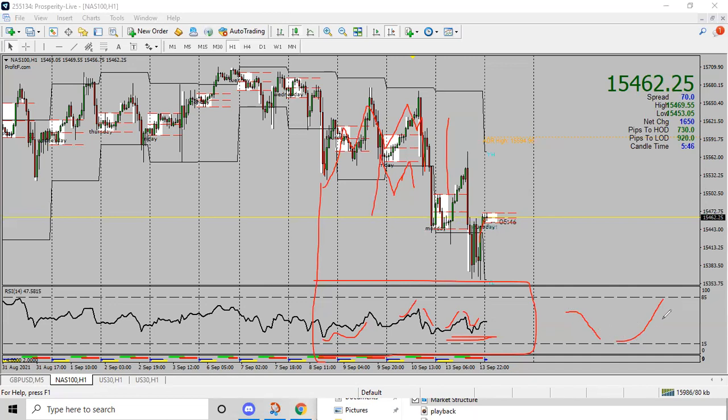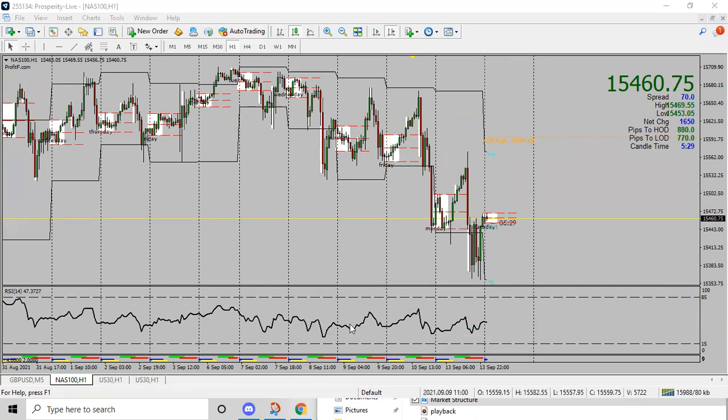When we see it going low to high, that means that buyers are in control and sellers are losing momentum. And then when it goes from high to low, that means sellers are in control and buyers are losing momentum. When it's low, we're looking for buys. When it's high, we're looking for sells. Pretty simple, okay? And now we tie this in with market structure and as well with identifying highs and lows.